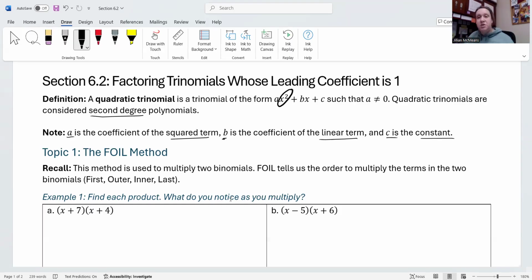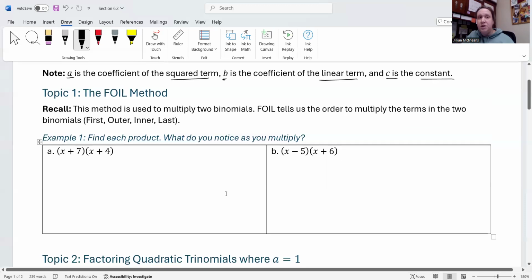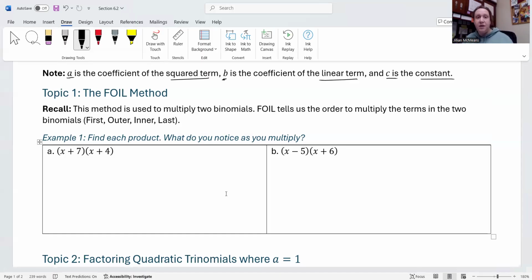Okay, now just as a quick review, let's remind ourselves of the FOIL method. We talked about this very briefly in the previous worksheet, but let's officially remind ourselves of the FOIL method. So the FOIL method is used to multiply two binomials, very specifically two binomials. FOIL is basically an acronym that tells us the order to multiply the terms in the two binomials.